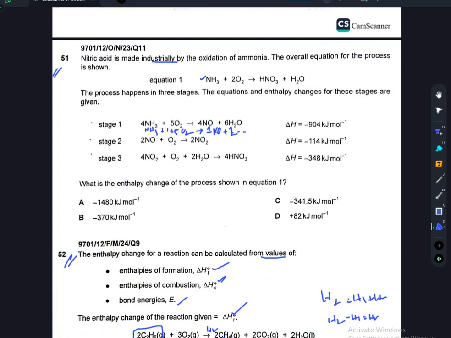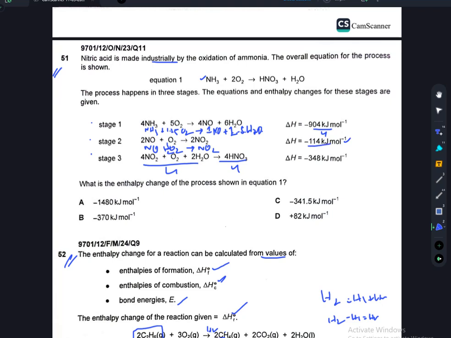Just 1.5 H2O. And for NO it is NO plus O2 gives NO2, and this is half O2 here. And for this we have to produce, so you divide this whole equation by 4. So this is divided by 4. Does this remain unchanged?